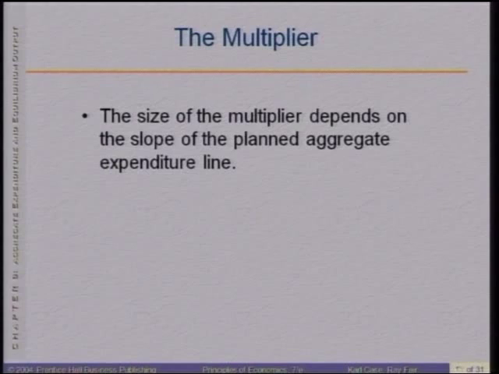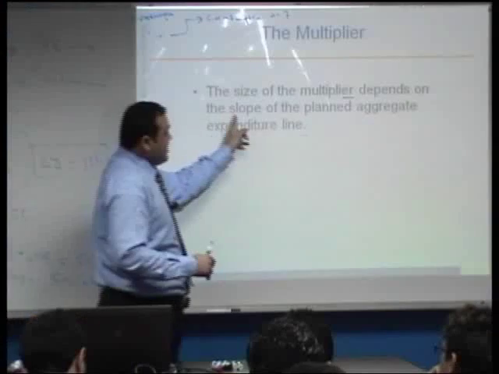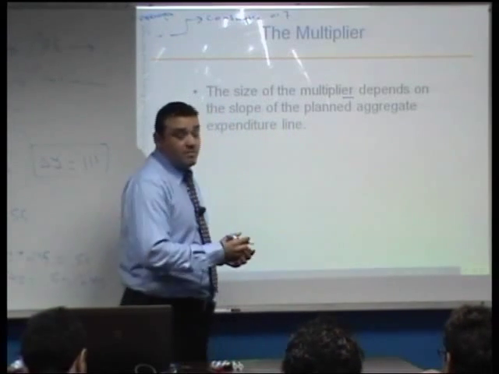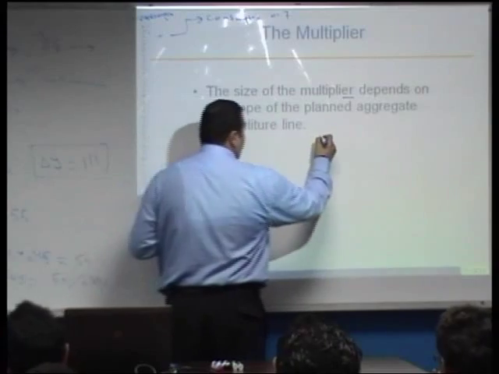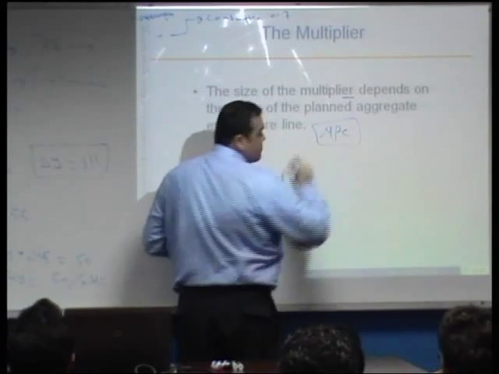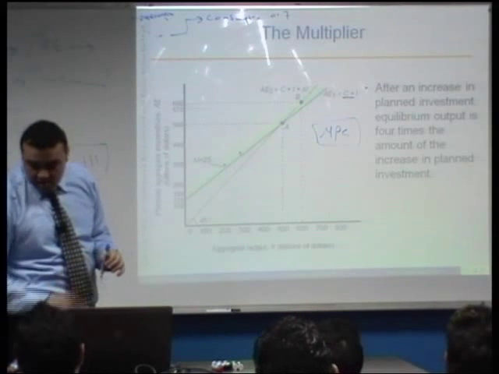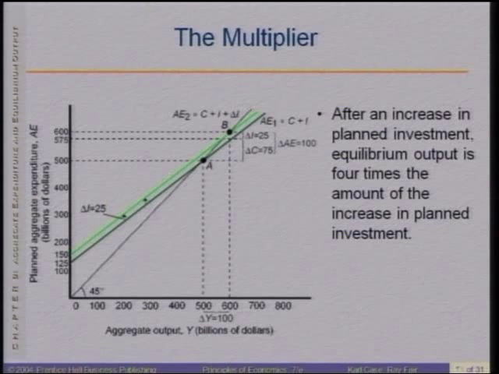As you see, the size of the multiplier depends on the slope of the planned aggregate expenditure line, which is the MPC, the marginal propensity to consume. In this example, we have the following figure.